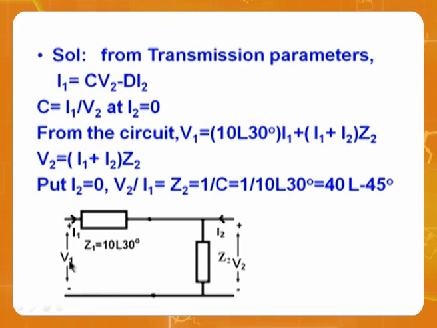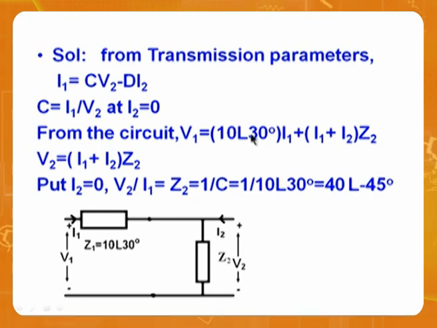So what is the value of V2 here? V2 is equal to I1 into this value. So look at here, V2 is I1 this side, I2 this side into Z2. Look at here, that is V2.